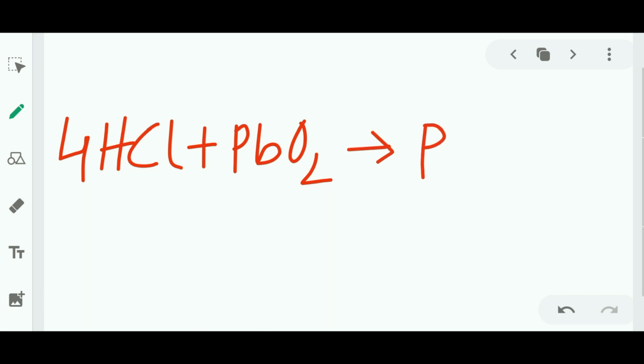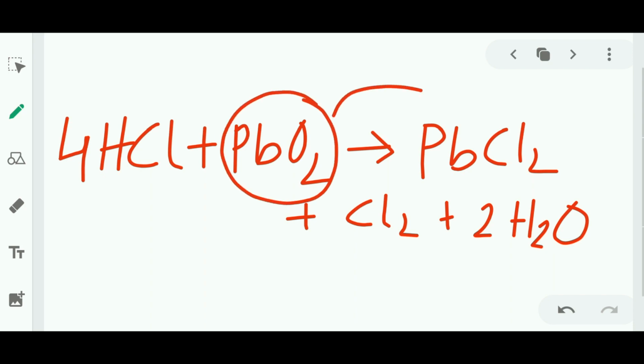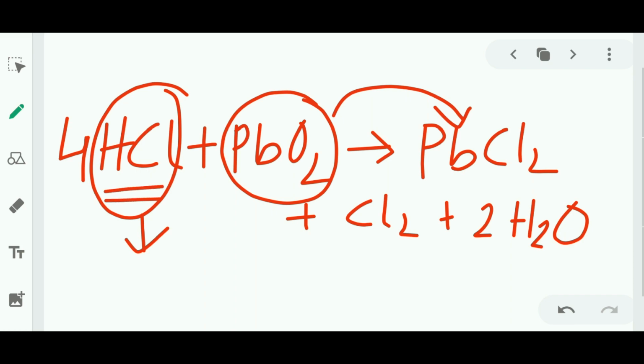So here we can see that from PbO2 it produces PbCl2 with the effect of HCl. So it is the property of reduction or reducing property, because HCl oxidizes itself to chlorine gas. H removed means oxidation. So this is oxidation, and going from PbO2 to PbCl2 is reduction. Okay, so this is the reducing property of HCl.